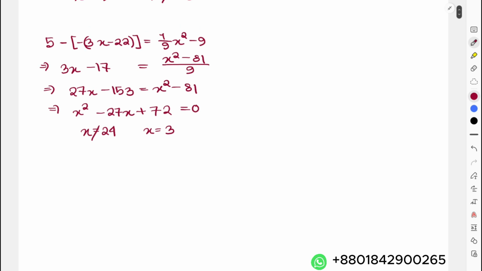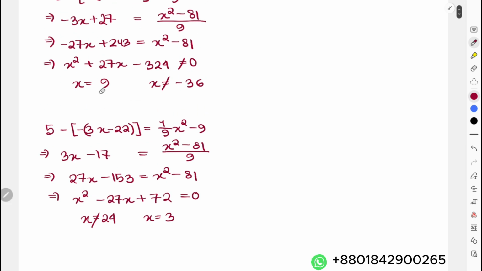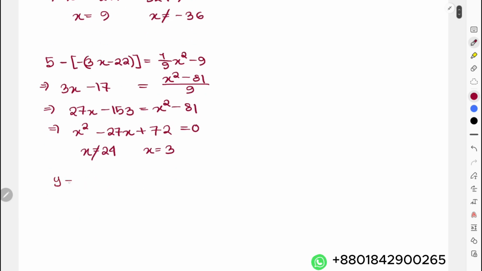So your final solutions are, this I already know. The y coordinate of this is going to be 0. But we don't know the y coordinate of this value, so we have to find out the y coordinate for this value. Which becomes y equals 5 minus the modulus function of 3 minus 22, which is 9 minus 22. 9 minus 22 is minus 13. 5 minus 13 is actually minus 8.